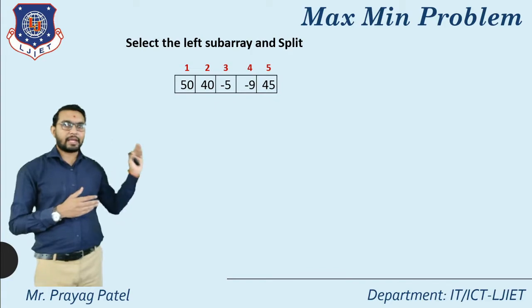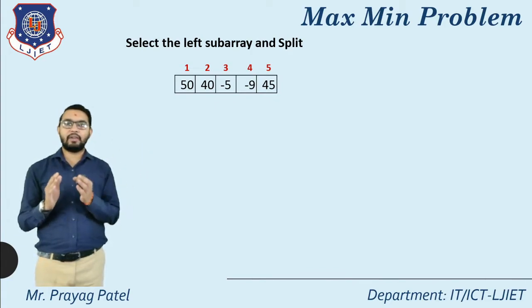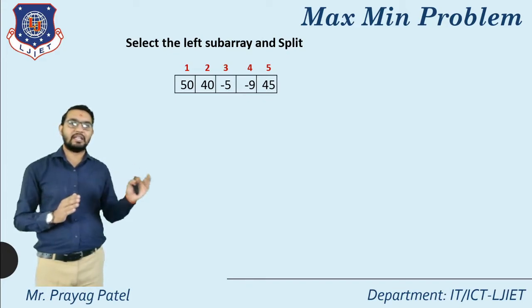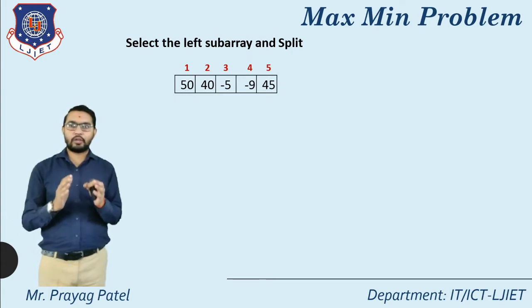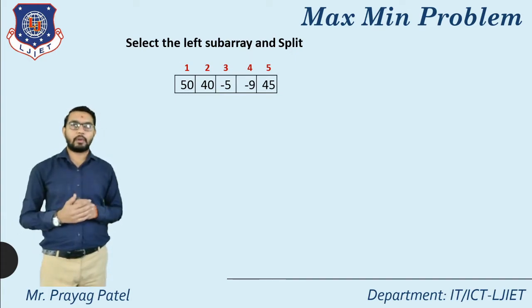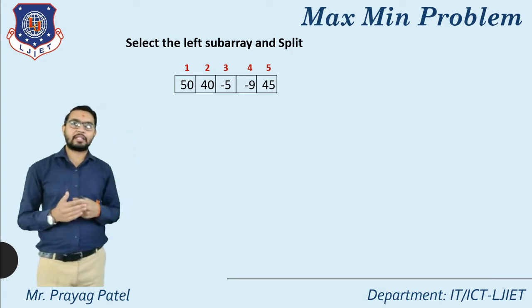But in the max-min problem, we divide until we get 2 elements in the list. If we have 2 elements in a list, there is no need to divide it further. Now this list has 5 elements, that's why we divide it into sublists.